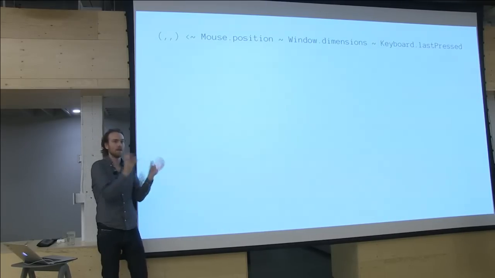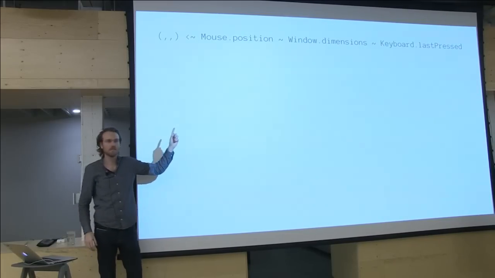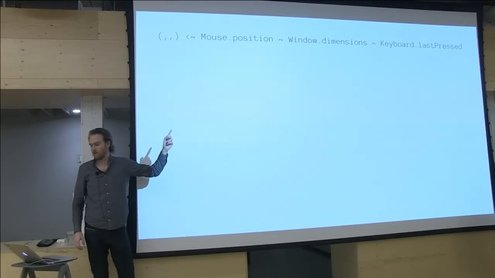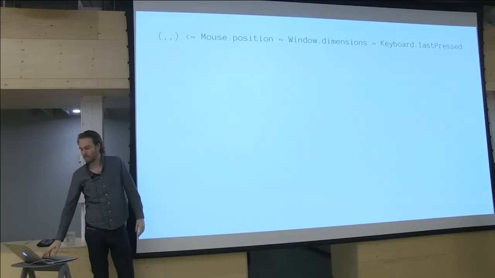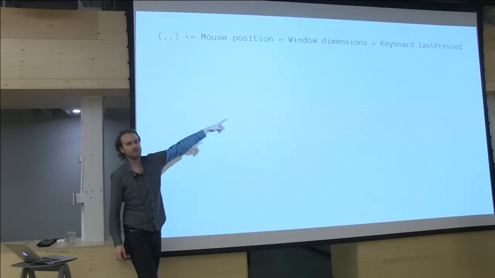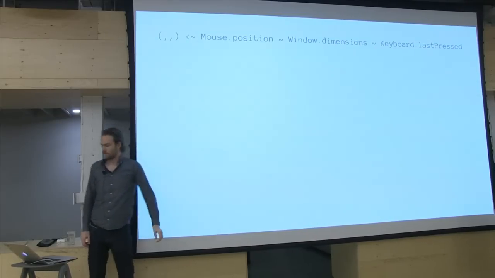Because of that recursive definition, you can write things in a certain way. So this is the syntax that Elm has now, where you use these squiggly arrows, and this means lift those 3 signals into this tuple function.